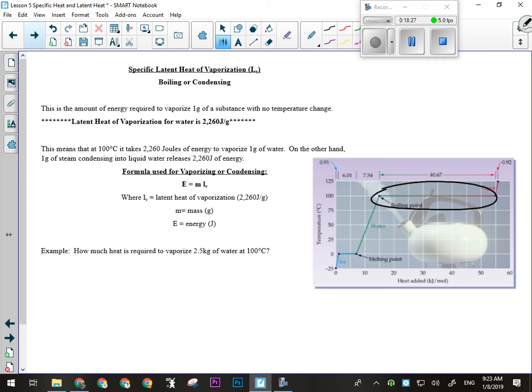Yeah, because a liter contains 1,000 grams of water. And for every one gram of water vapor that's in that cloud, there's 2,260 joules worth of thermal energy waiting to be released. So it's a lot of energy. The water cycle is a really important part of how thermal energy gets transferred around the globe.